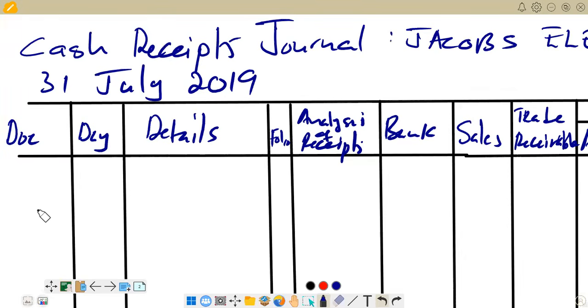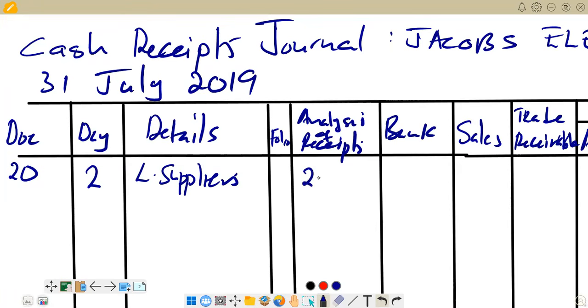Remember the document number is 20, and the day is 2. Then on the details, remember it's LG suppliers, and the amount that we have there is 2,400.